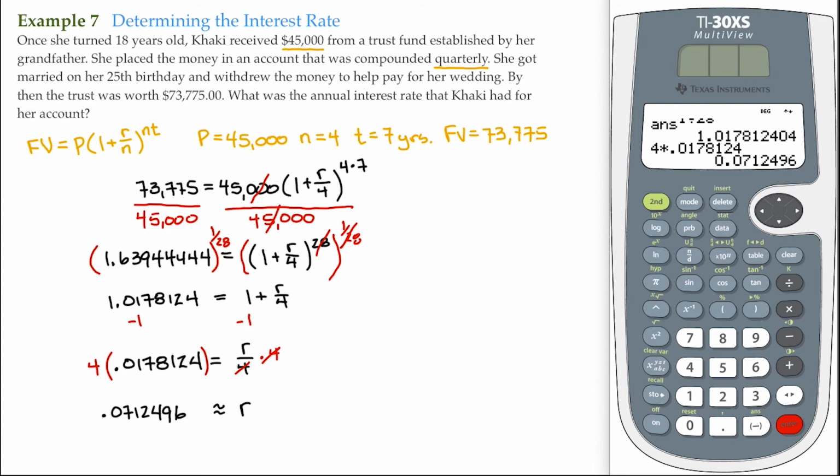So the rate that Kaki had deposited the $45,000 at, that was an annual interest rate of around 7.125%. And there we go.